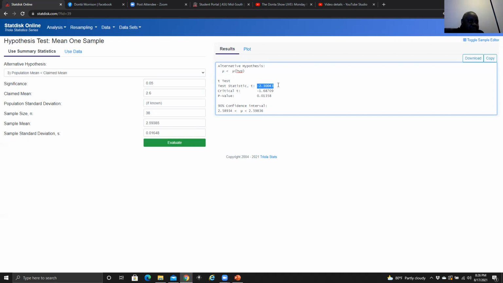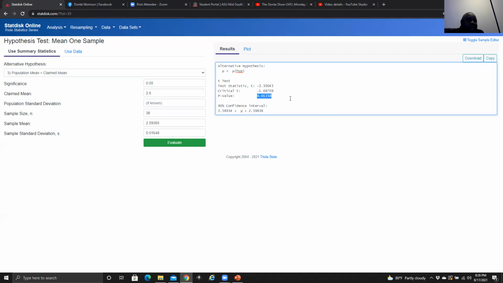To 3 decimal places, that would be negative 2.300. And then your p-value is right here, 0.0136 to 4 decimal places.